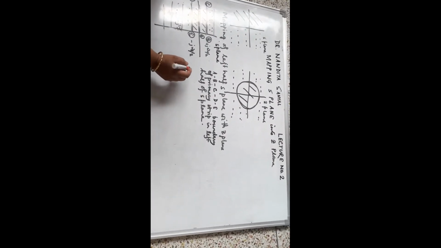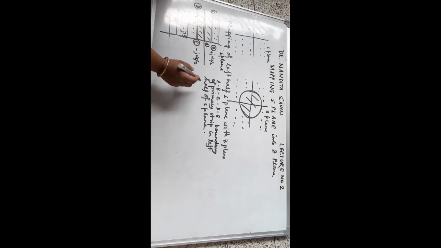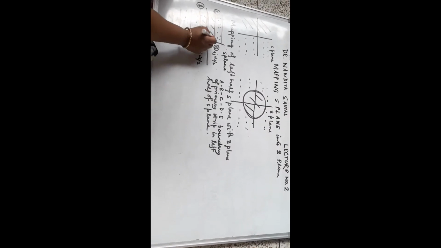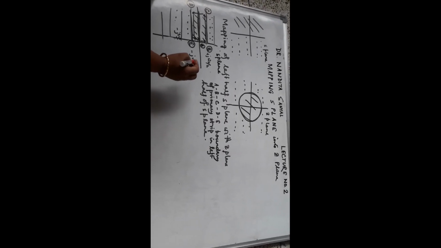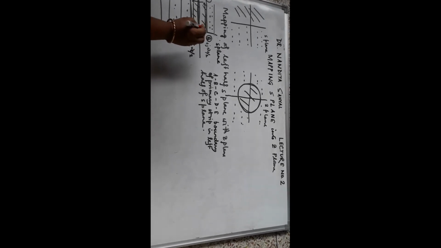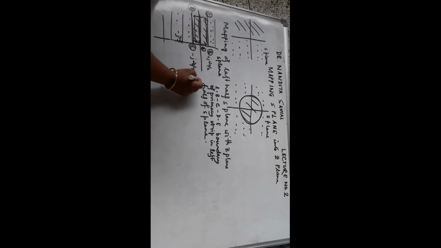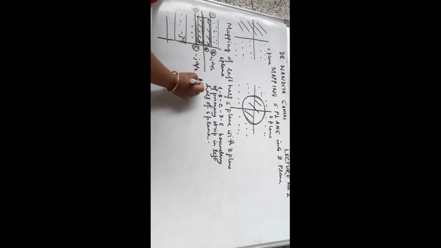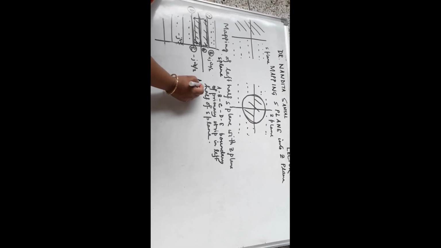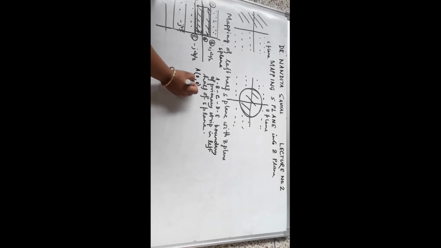So let us consider the boundary of the primary strip in the left half of the S-plane in anti-clockwise manner. To understand the value of Z in the Z-plane, let us first consider the coordinates of the points A, B, C, D, E. The point A here, the coordinate is sigma equal to 0 and omega is also equal to 0. So, the coordinate is 0, 0.